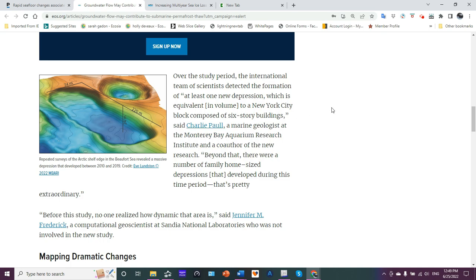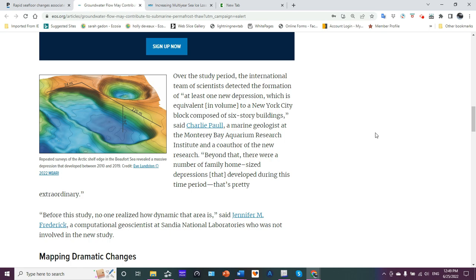But of course, what's the major implication of this? Well, you already know the answer to this. It's methane. How much methane is being released from such mechanisms, and how widespread is this kind of occurrence taking place? Those are questions that need to be answered.